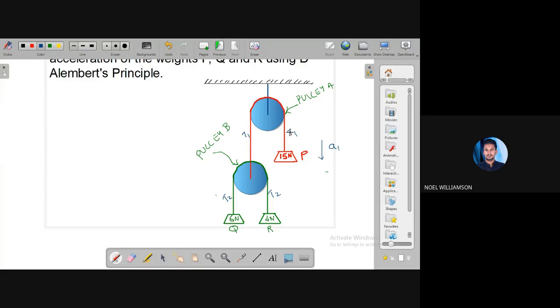So here, for pulley A, we denote it as a1. And this system as a whole will move upwards with the same acceleration a1. Right? Till now, is there any doubt?